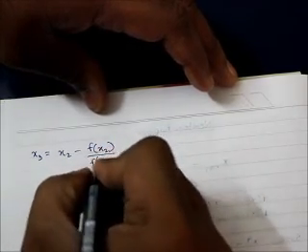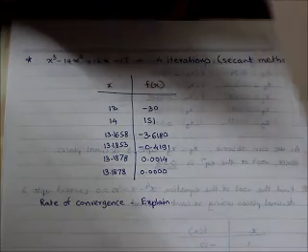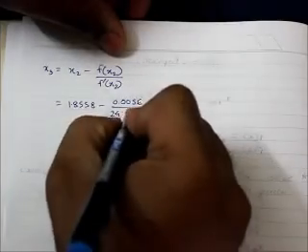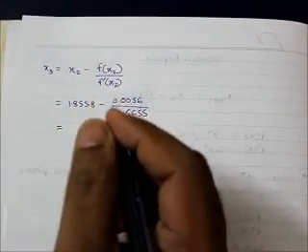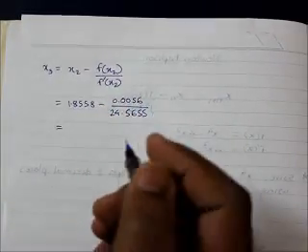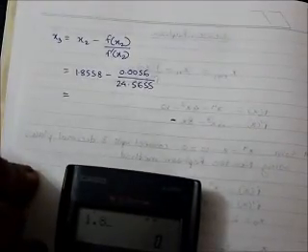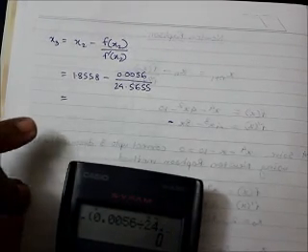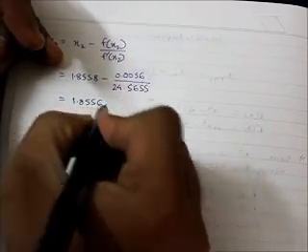That's going to be x2 minus f x2 upon f dash x2, which is equal to 1.8558 minus 0.0056 divided by 24.5655, which is equal to, let me get that, 1.8558 minus 0.0056 divided by 24.5655. Okay, 1.8556.